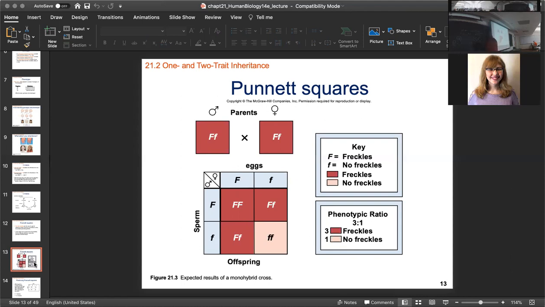So if I were starting this problem myself, I would start by drawing a square with a square on the inside, whatever that means to you. I like to do it like this and then draw a line here and a line here. Okay, we've got big F and small f, big F and small f.